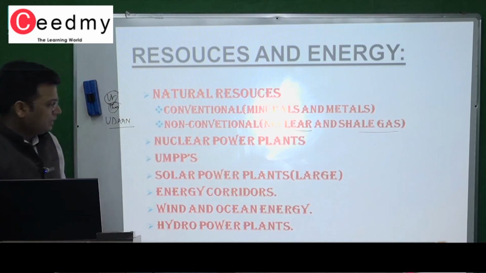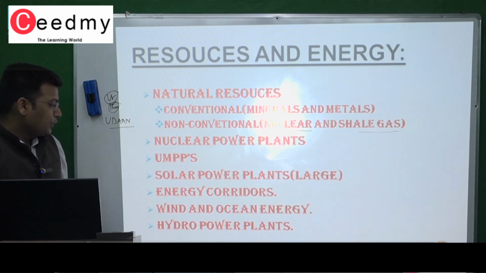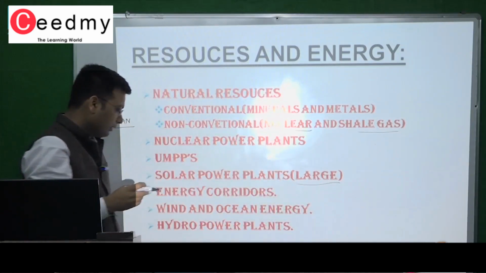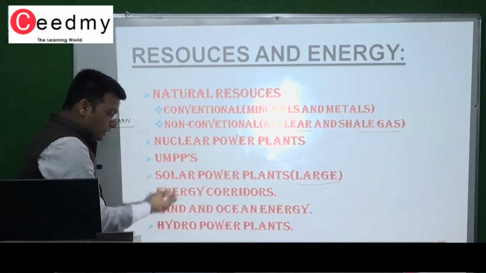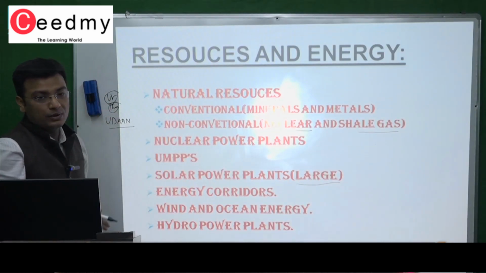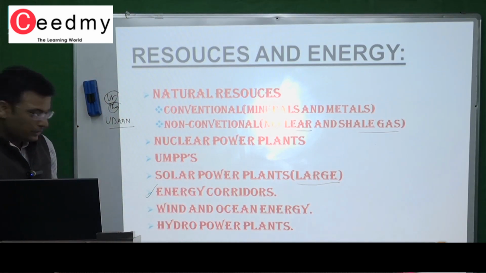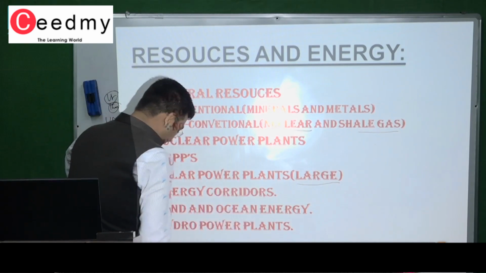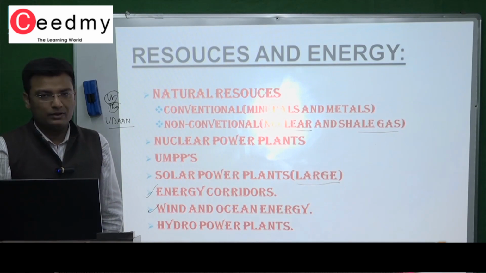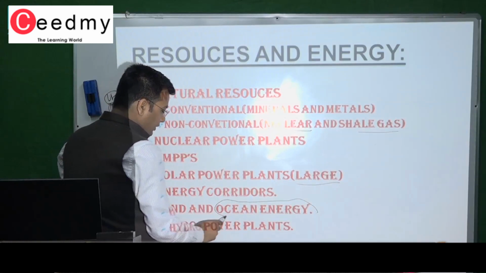They can ask questions on nuclear power plants, ultra mega power plants, solar power plants, the larger ones, the location of large solar power plants, energy corridors. They asked a question in mains about energy corridors. They can ask locations of energy corridors, wind and ocean energy, major wind power plants in India, and the energy related to ocean currents, hydropower plants, etc.